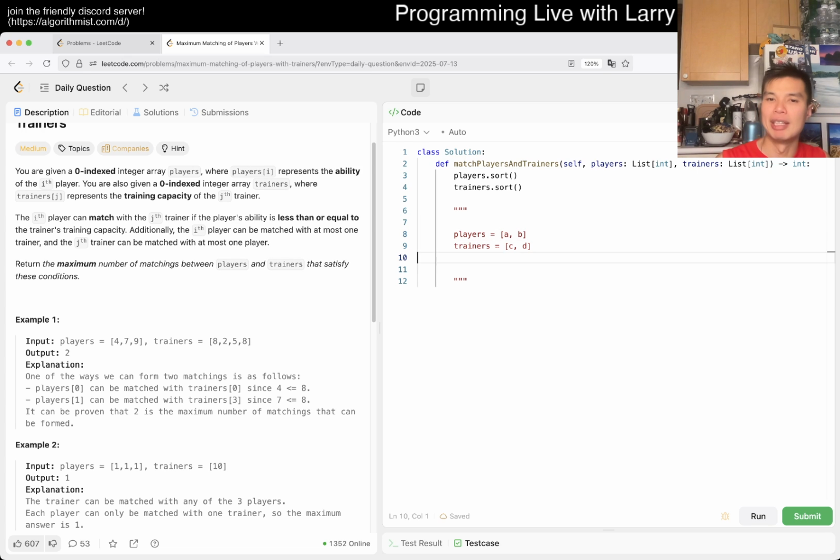Because we already sorted them. Then now we want to match A with C, and match... All right, let's actually do it by contradiction, right? Or, let's just say we want to match A with D and C with B, right? Or B with C, I guess more precisely.